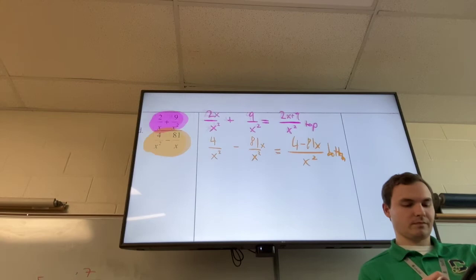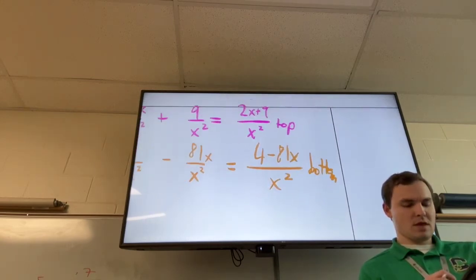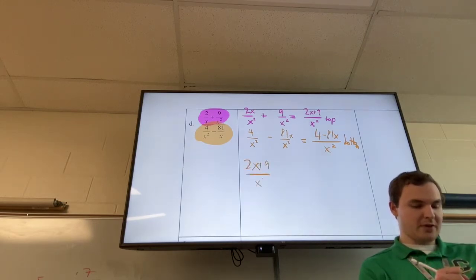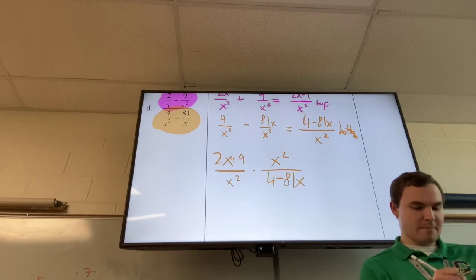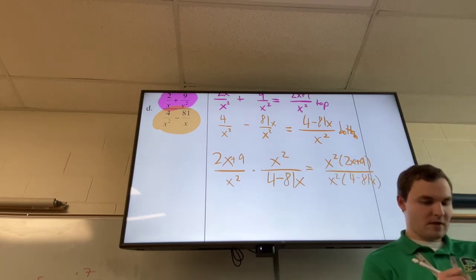Okay. Third step is what? Multiply the top, so 2x plus 9 over x squared, by the reciprocal of the bottom. Okay, so that gives me that.